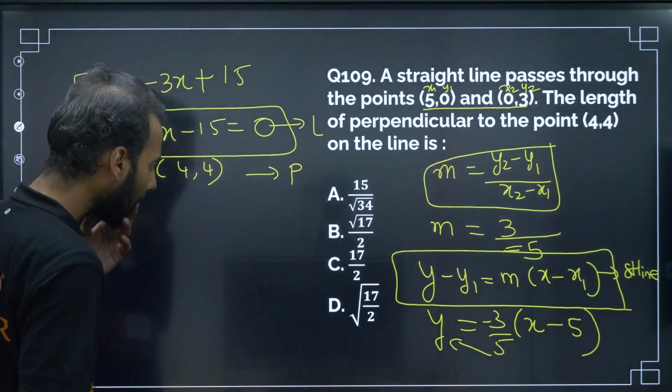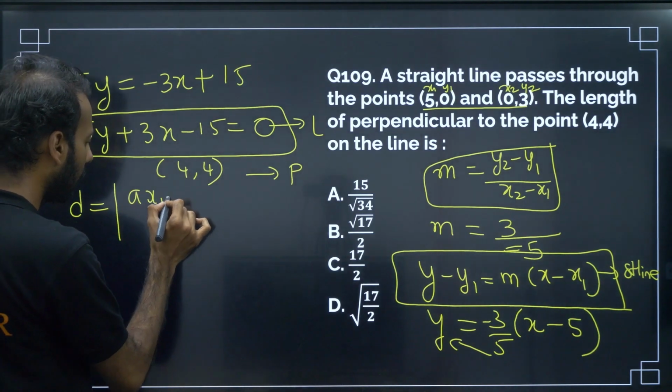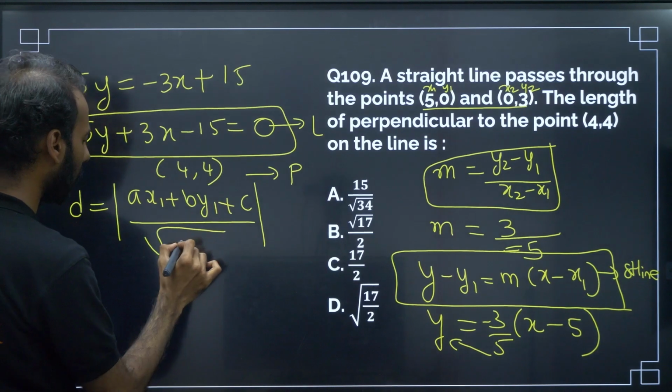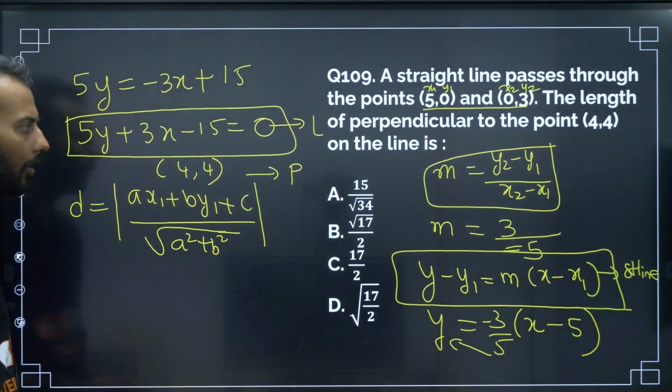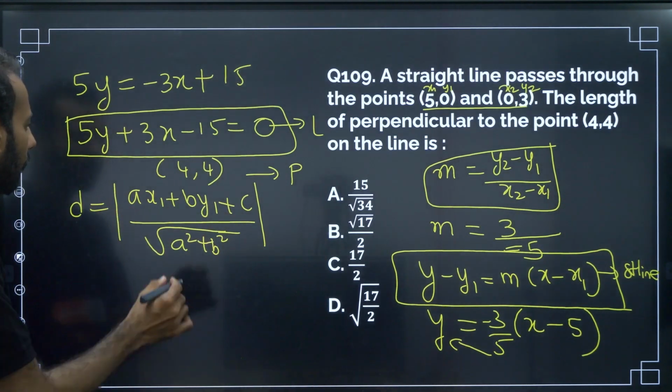For the distance from this point to the line, use the standard formula: a x1 plus b y1 plus c divided by root of a square plus b square. In the exam, don't write all these formulas, it will take so much time. Just for understanding purposes I am writing here 4 comma 4.